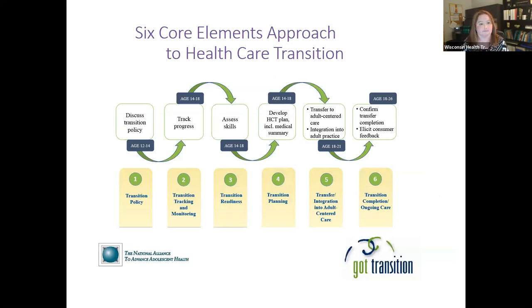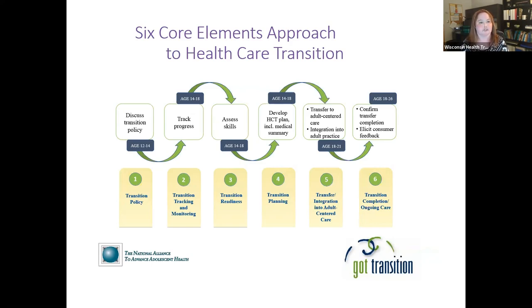They also reaffirmed their 6 core elements approach and looked at this as a continuation of their 2011 work, and reaffirmed, in working with several groups around the country, that this is a tried and true method. There's always room for improvement, but these are the 6 core areas in which clinics as well as families and youth can approach the transition process.